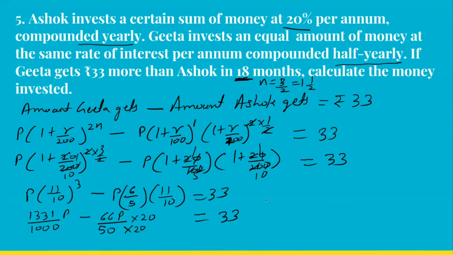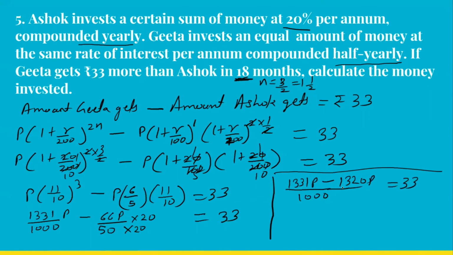Multiply by 20. So you get here, the denominator is now 1000. So this becomes 1331 P minus 66 into 20 is going to be 1320 P, and which is equal to 33.